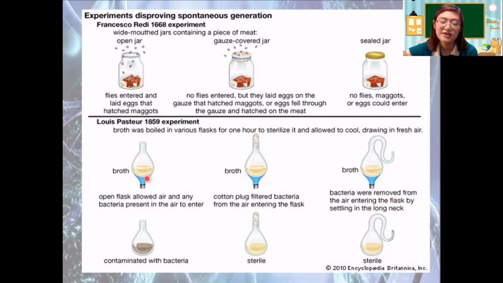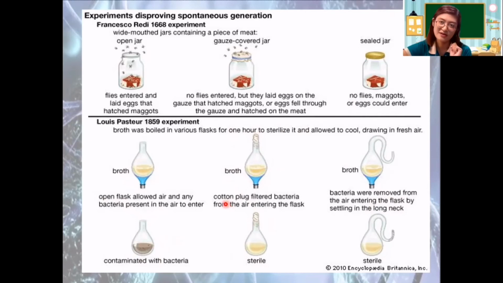So what happened? The broth that is exposed in an open flask becomes contaminated with bacteria, okay, after 1 hour to sterilize. Then the second setup, the broth was left sterile because a cotton plug filtered bacteria from the air. So take note, bacteria is present in our environment. They're flying around.